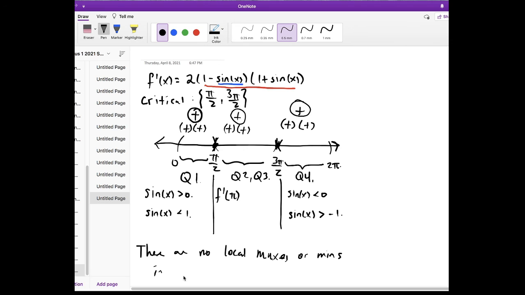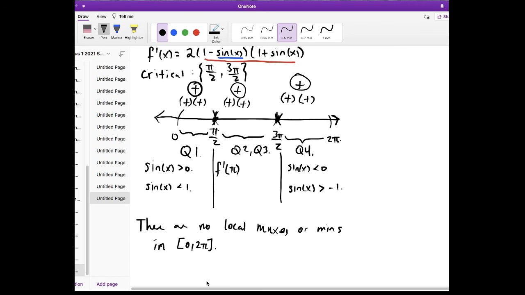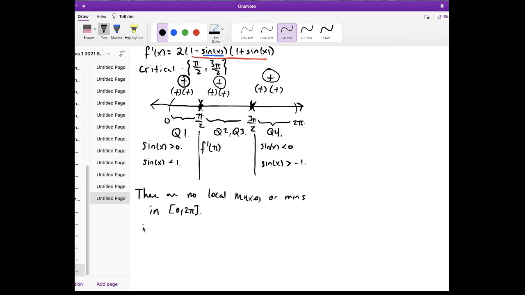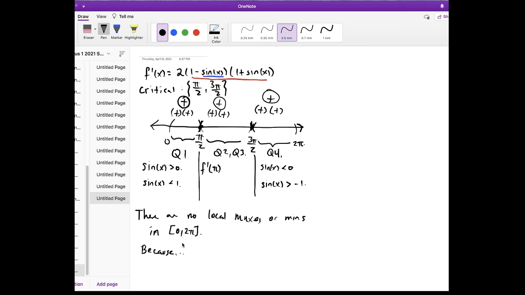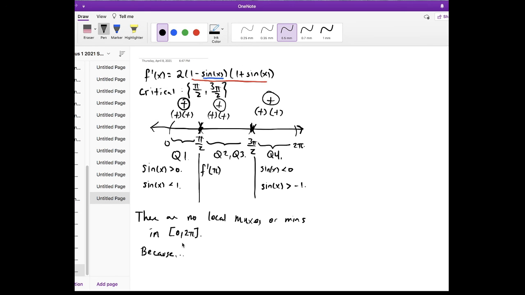And just say why is that true? Why is it true? What about getting all positive tells you there's no max or mins?